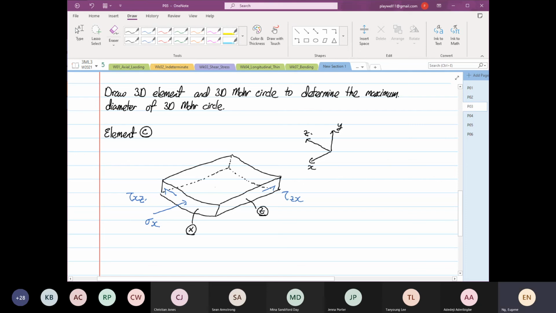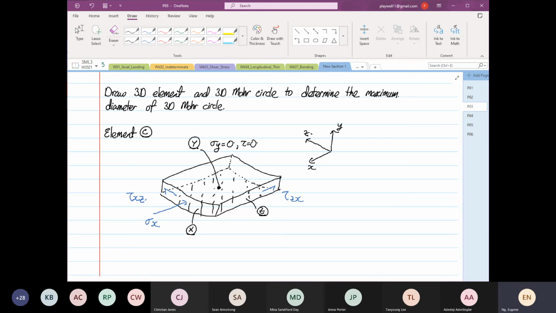And the circle or the surface that is on the other face, the under face, this is my point Y. So what we know is that stress Y is equal to 0, and the shear is also equal to 0. There's no shear acting on Y, right?